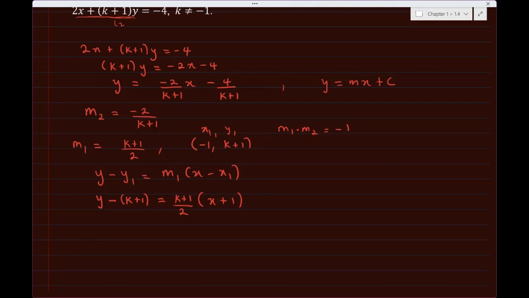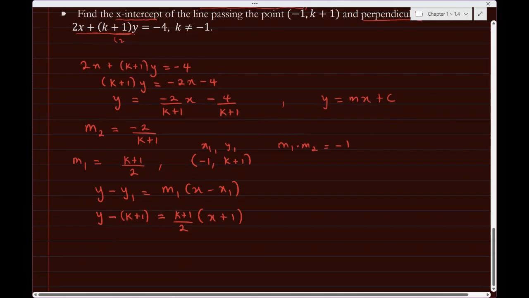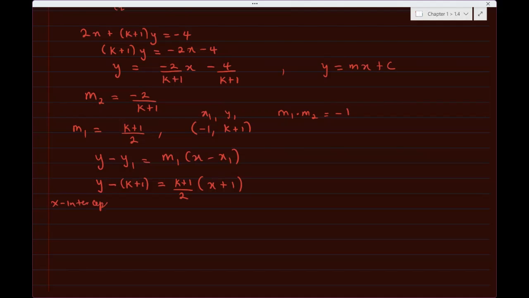And from here, since we are looking for, don't forget, what are we looking for? We are looking for the x-intercept. So how do we find the x-intercept? To find the x-intercept, you just put y equals 0.